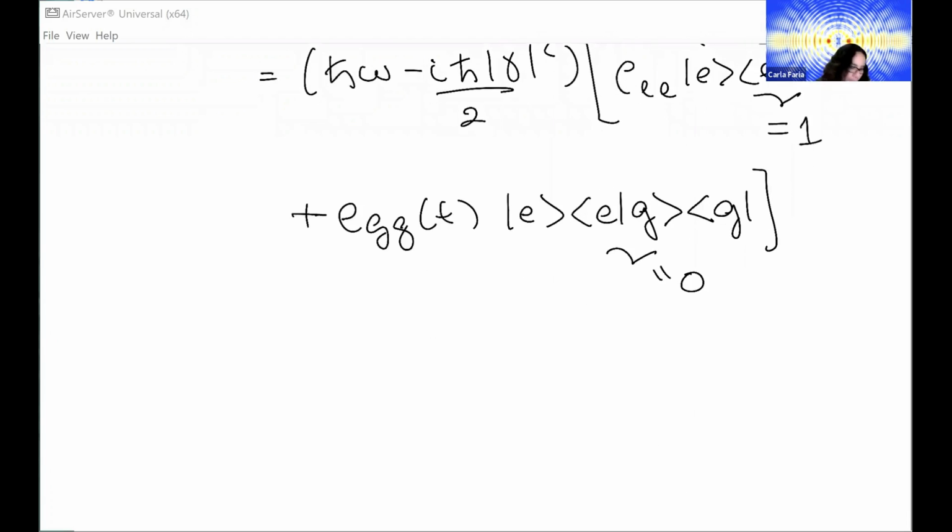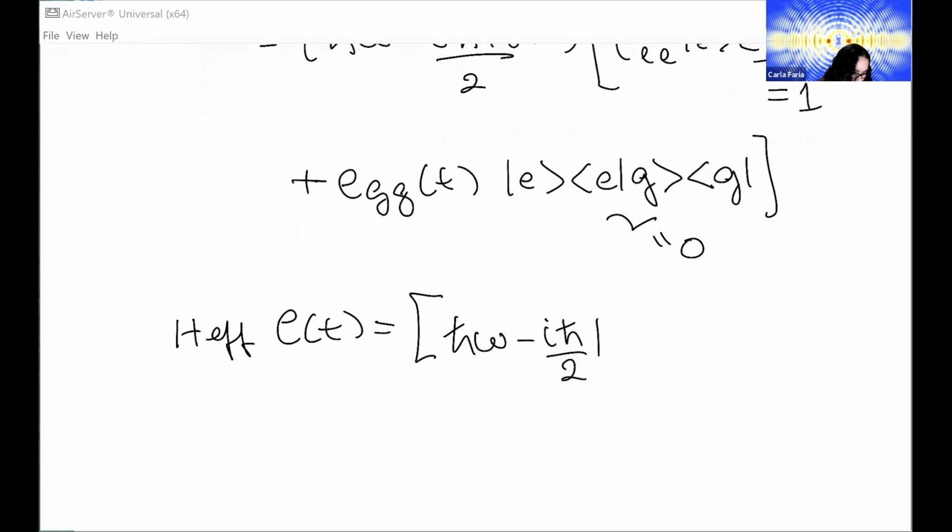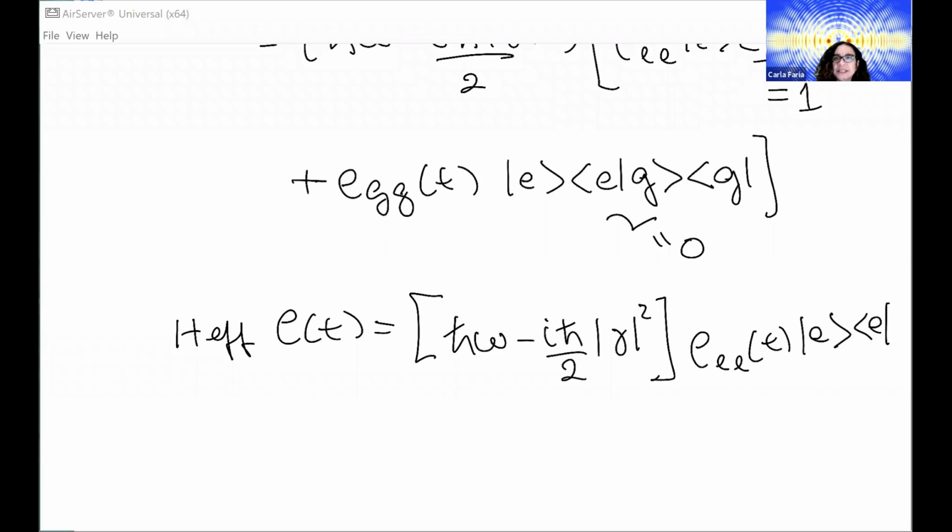So we know that H effective ρ(t) is given by (ħω − iħ/2 |γ|²) ρ_EE(t), and then this projector onto the excited state.